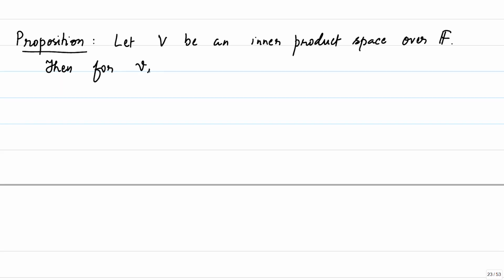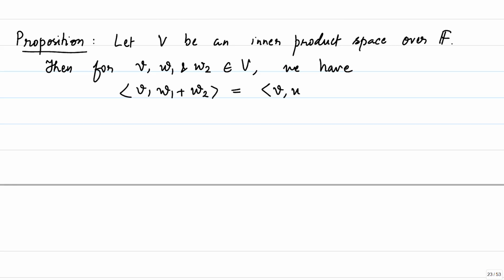for v, w1 and w2 in capital V, we have ⟨v, w1 + w2⟩ is equal to ⟨v, w1⟩ + ⟨v, w2⟩.